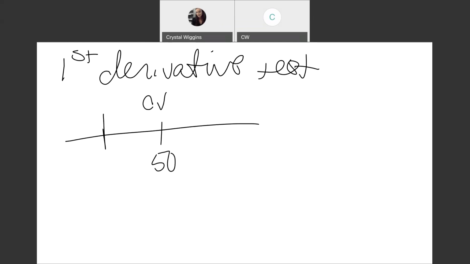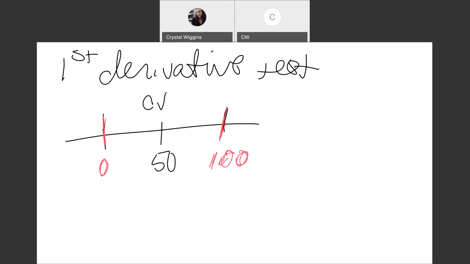You need a test point on the left and a test point on the right. I'm always going to choose easy test points when I can. So my test point on the left side is going to be 0. Not really an easy one on the right side. I'll just pick something simple to look at. So I'll pick 100, but I could pick anything. I could pick 51 or 50.1, anything on the right side.